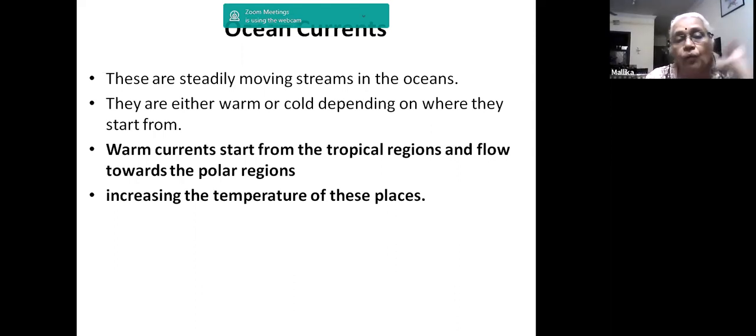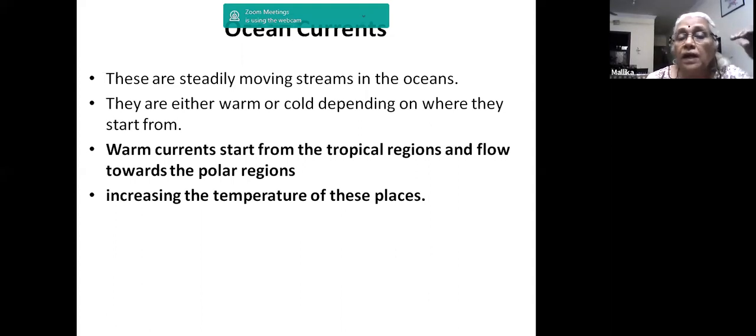So what exactly is happening here? Very briefly, I'm going to explain this because this is a different topic. This is oceanography. I'm just going to explain briefly how these ocean currents are formed. Just like we talked about hot air and cold air and saw how hot air tends to rise and cold air tends to settle down, we also have the same thing for water.